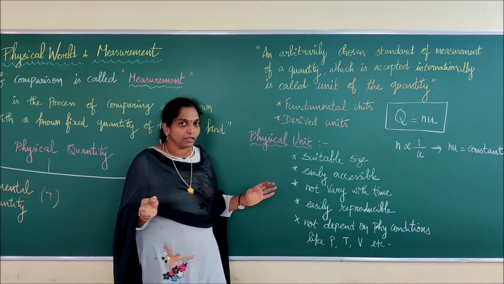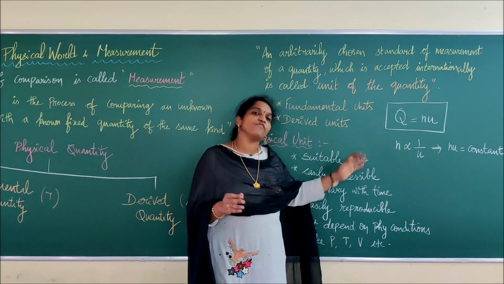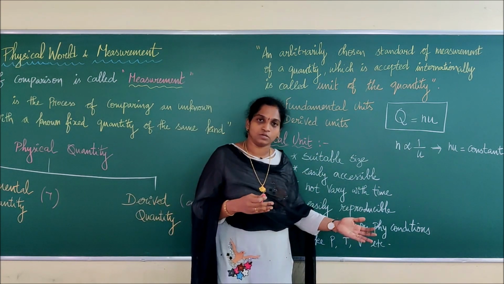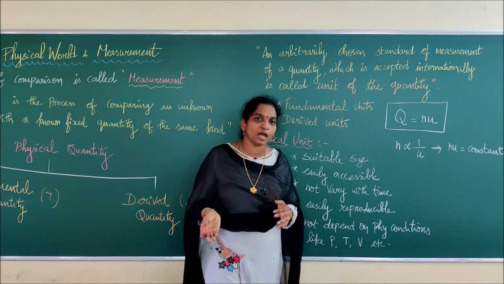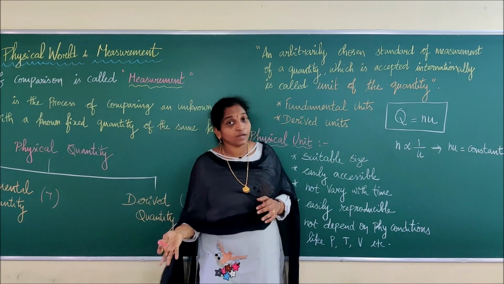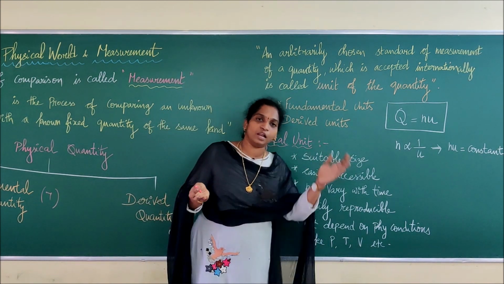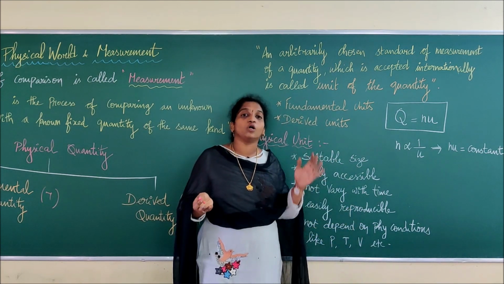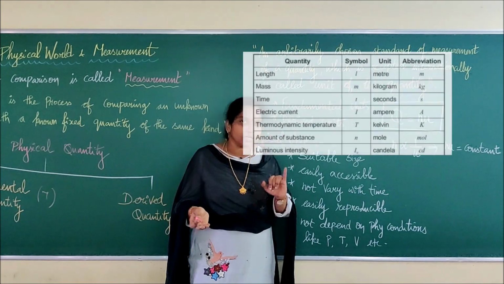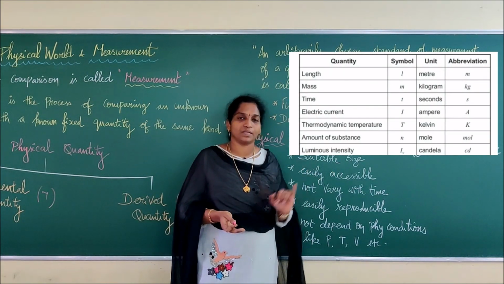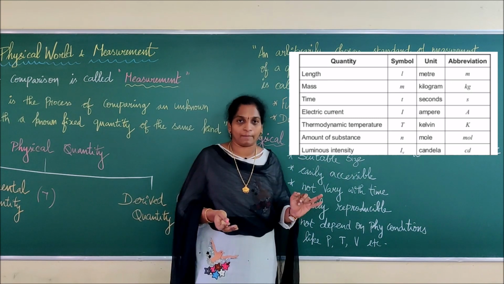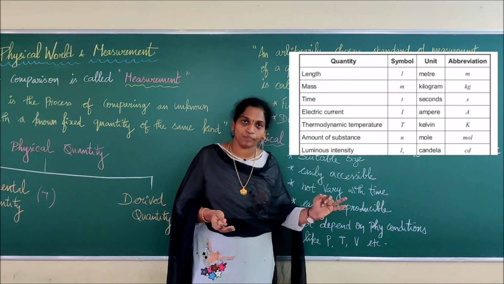It is very easy. The unit through which the fundamental quantities are expressed is called fundamental units. How many fundamental quantities do we have? Yes, 7 quantities. These 7 quantities are represented with the help of units, and we call those fundamental units. For length, it is meter, represented by m. For mass, it is kilogram, represented by kg.